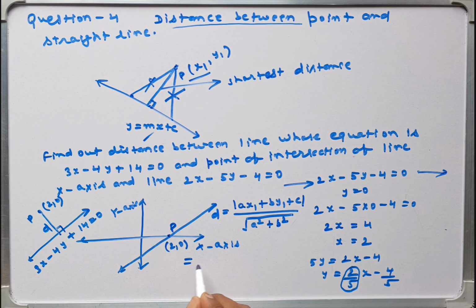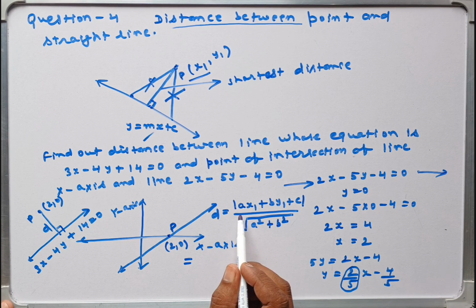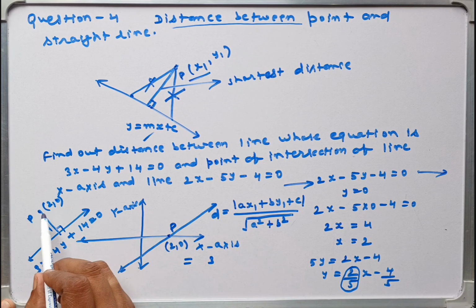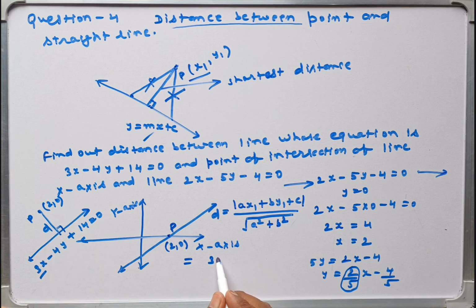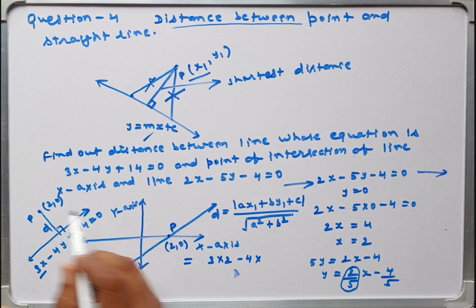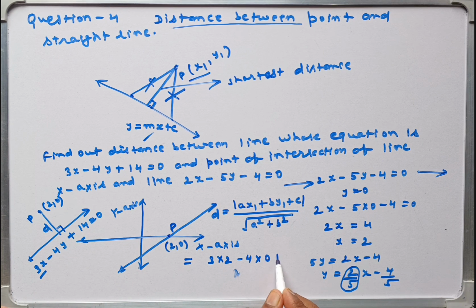So we can write here a value 3. Okay, x1 is basically the x coordinate of that point, so this is 2. Then again here the negative sign, minus 4 into y1 equal to 0, and here c is 14, the constant term.